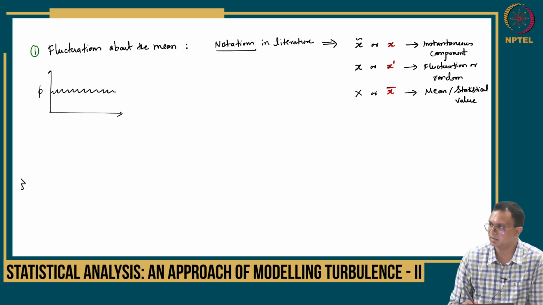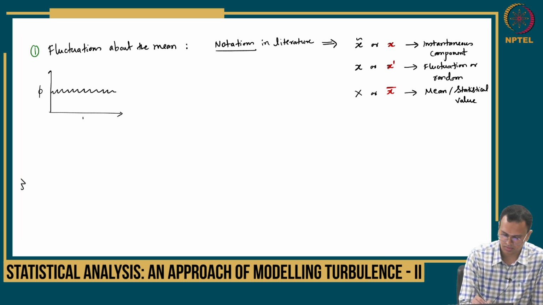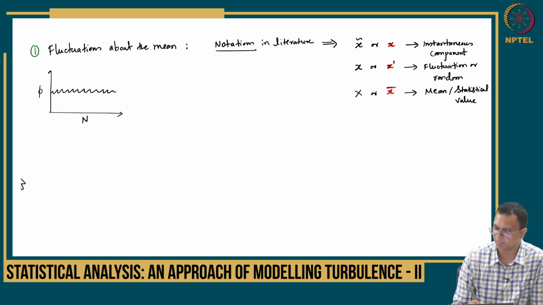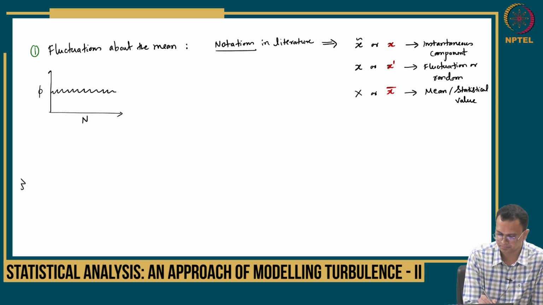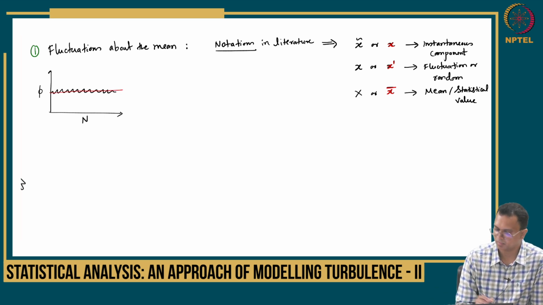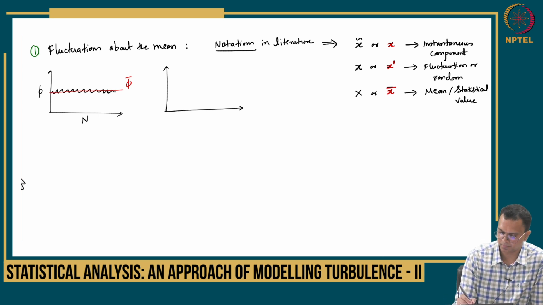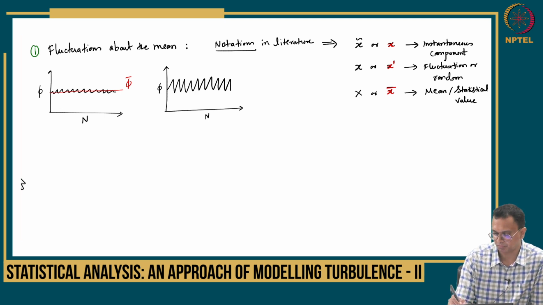Let's say this is the signal that you have recorded, n number of samples. This will have a mean, phi bar. Now there can be another signal. Now you get higher excursions. The mean is same.